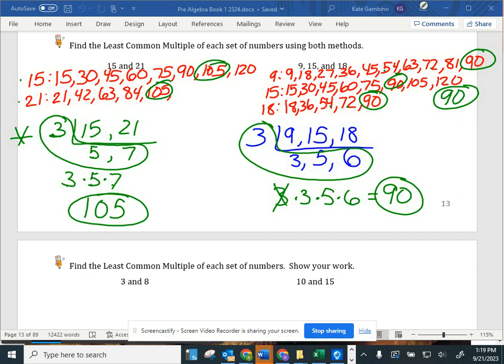Okay? Owen? Then wouldn't it not be this? That would just be 60. Yeah, it would just be 60. Because there's two 3s.